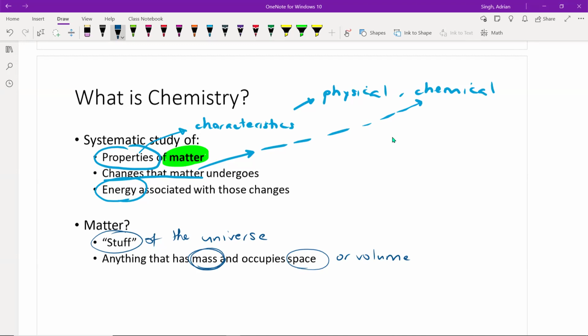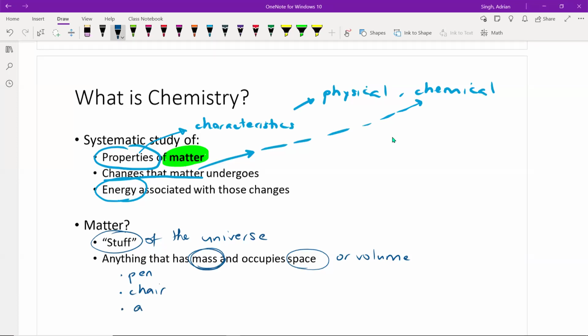So, for example, let's say a pen would be an example of matter. It has mass. We can measure the mass. We can measure the volume of a pen. The chair that you're sitting on. These are fairly big things, but also even small things.